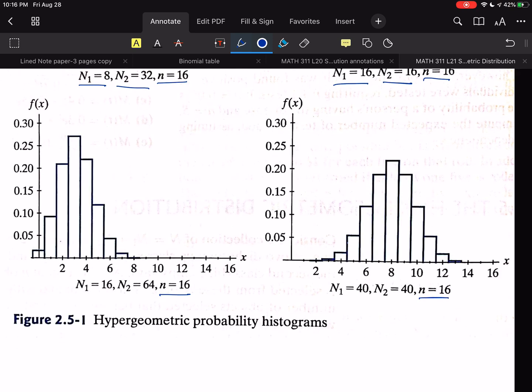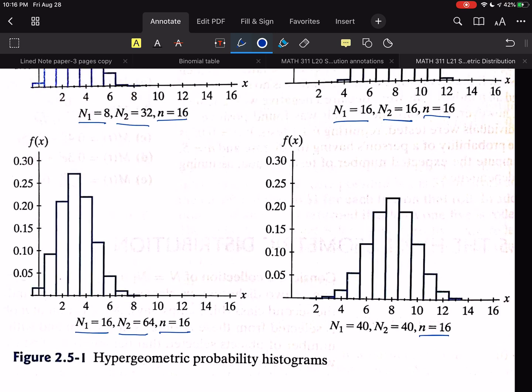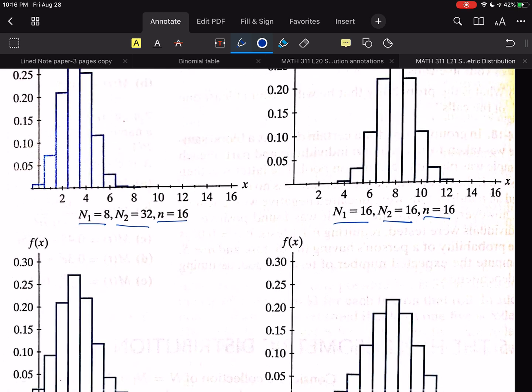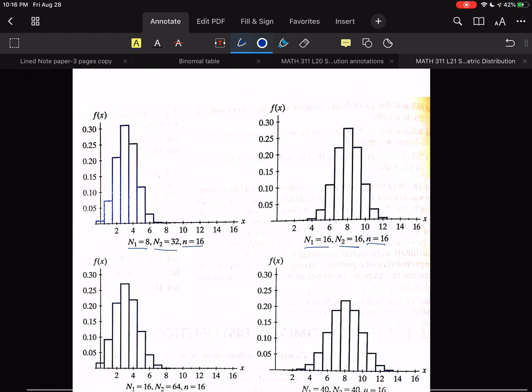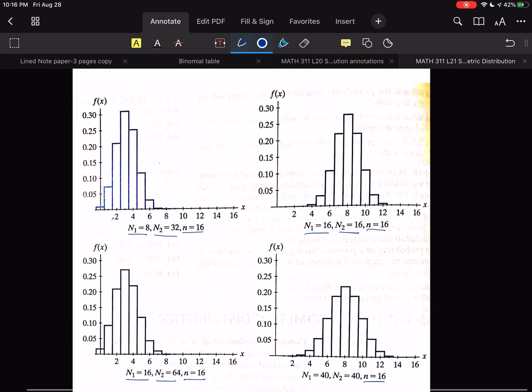Then we have N1 again smaller than N2, but with larger numbers. We see that the larger numbers are a little less skewed than the smaller numbers. And when we have a balanced case, the larger the numbers are, the more symmetric it is, and the more it looks like an approximation of the normal distribution, doesn't it?